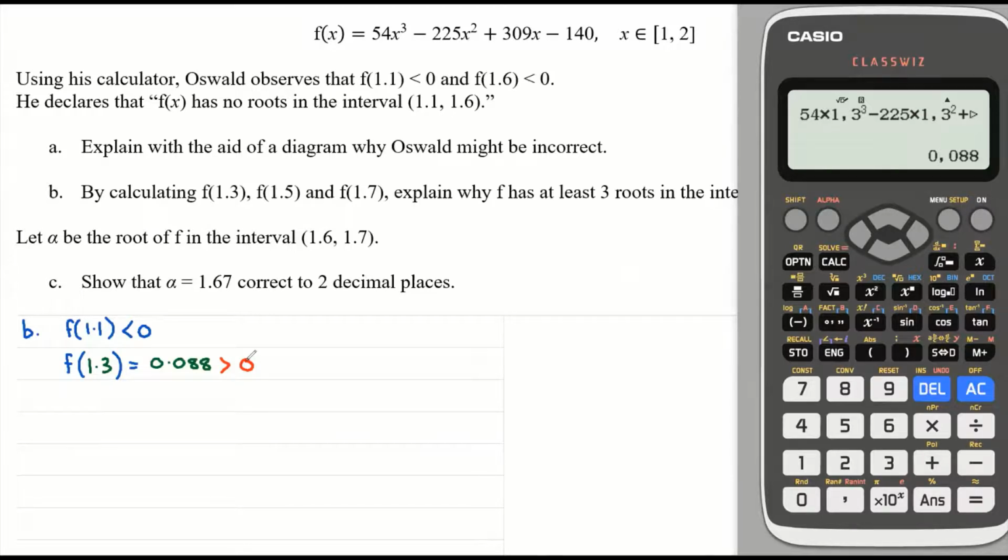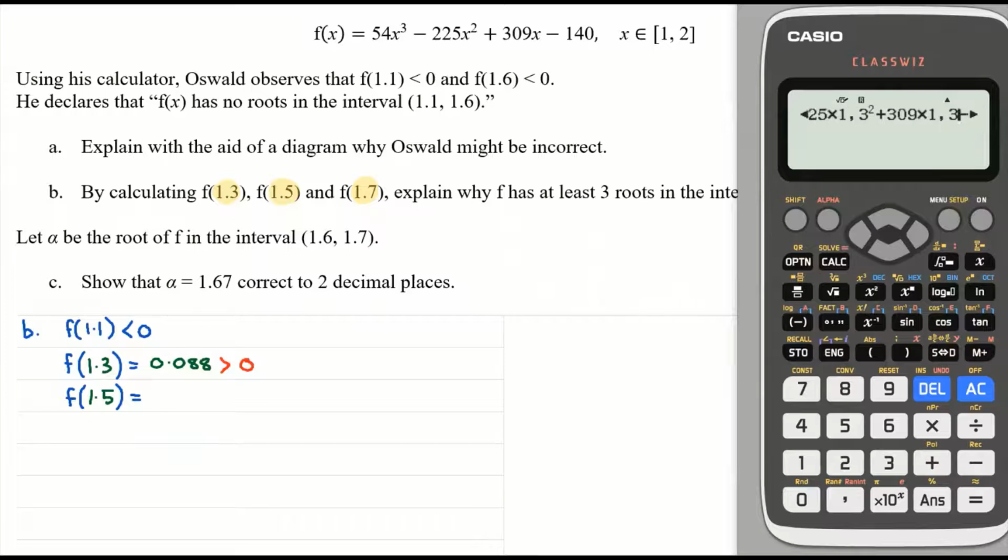Now the next number we're interested in is 1.5. So we've done 1.3. We'll do 1.5 next, and then we've got to do 1.7. Okay, so let's do that. So f of 1.5 now. And again, you just edit the calculator. You don't have to type it all out again. So going over to the calculator, let's come out of that.